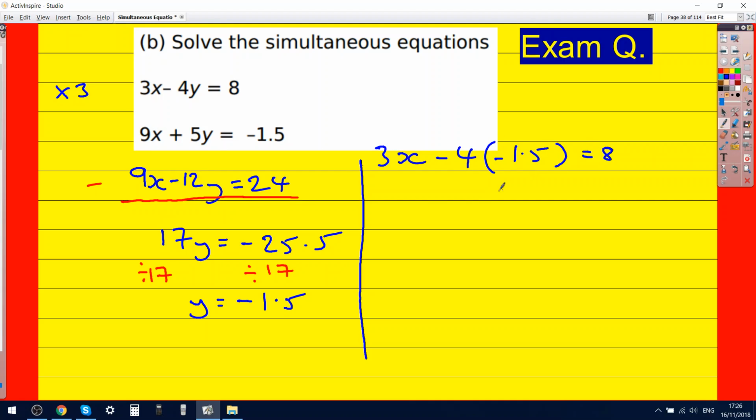So then 3x plus 6 equals 8. Sorry, 3x equals 2.